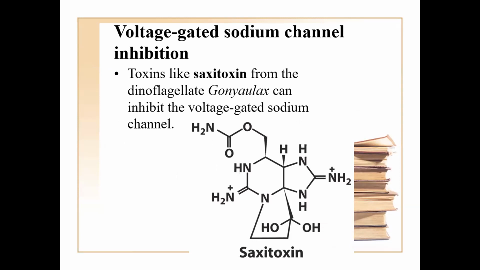If you pick up a handful of ocean water when it's red, it'll be full of these dinoflagellates called Gonyaulax. They essentially, when they die, release this compound called saxitoxin. This unfortunately gets into the fish, especially filter feeding animals like clams, things like that.